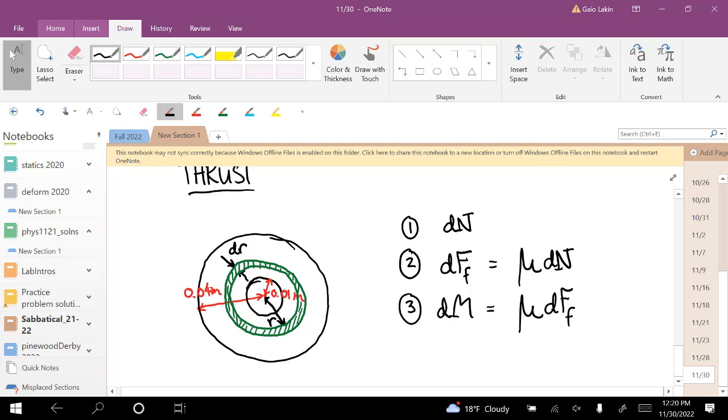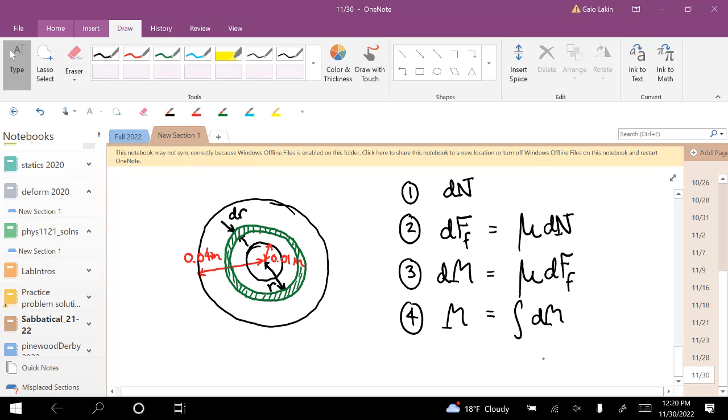And then the last thing we have to do is integrate to get the total couple, just over the distances where we have thrust bearing friction, from r equals 0.01 to r equals 0.04.